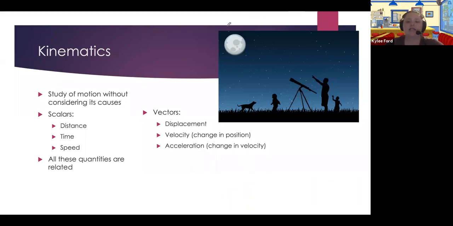This picture I have here is some people looking up at the stars and the moon. That signifies one of our earliest types of science, which is astronomy, and that's where a lot of these observations started.